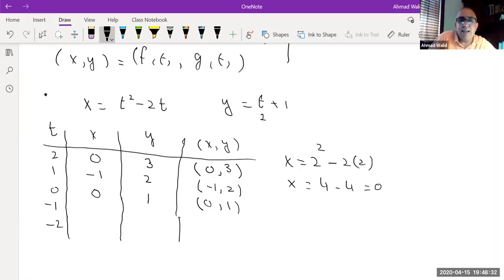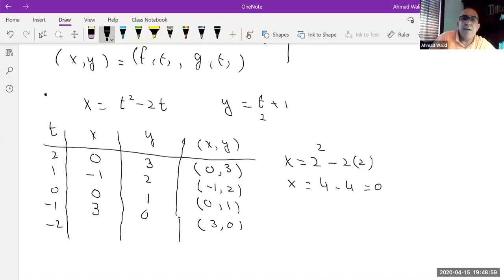If I plug in -1, -1 squared is 1. -1 times -2 gives you 2. What is 1 plus 2? 3. And if I plug in -1 here, -1 plus 1 gives me 0. It means I'll get another ordered pair, 3 and 0.